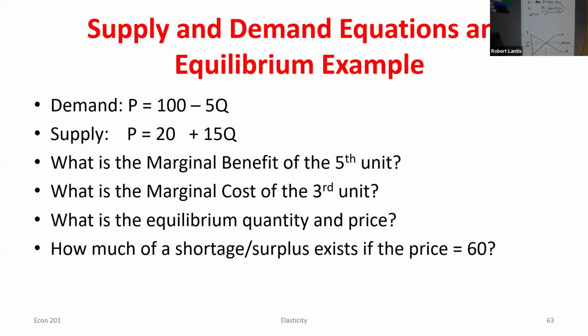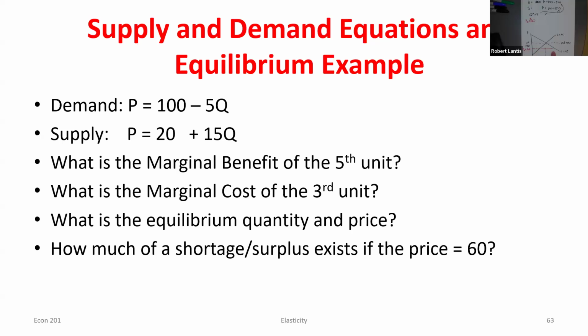So I had in this question, what happens if the government comes in and sets this hypothetical price at 60? Well, if they set the price below that equilibrium, we know what's going to happen. The quantity supplied is going to be lower. Quantity demanded is going to be higher. So what do we have?